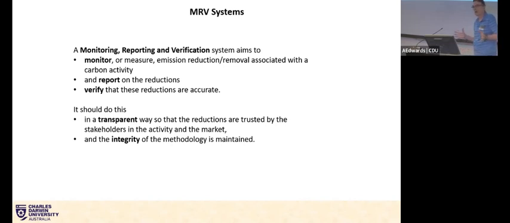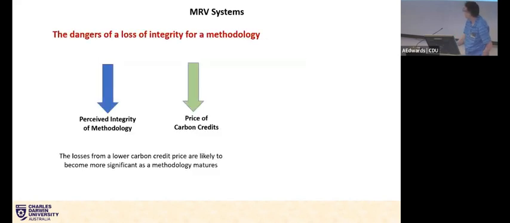Now, this is just one way that the methodology integrity is supported. As Anna mentioned, there are others, the basic additionality of the system. But this is an important way also of supporting the integrity, and it is a way in which your integrity can also be damaged if your MRV system isn't very good. Integrity is important for a couple of reasons.